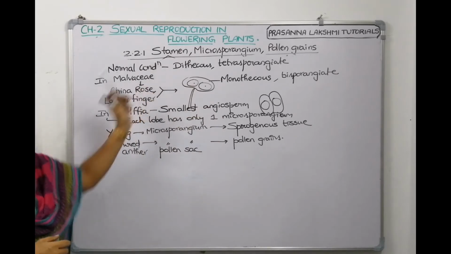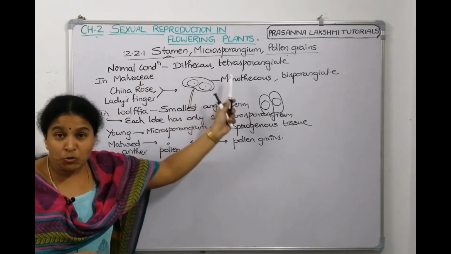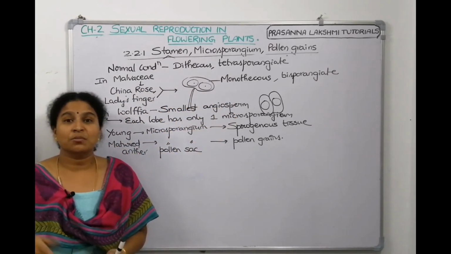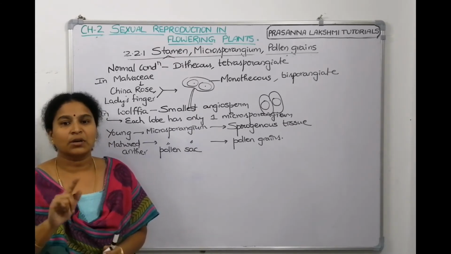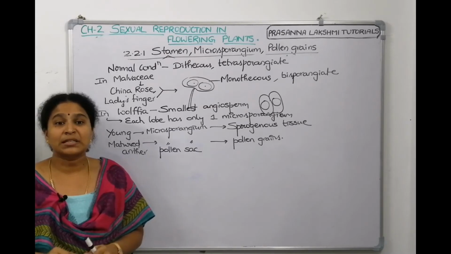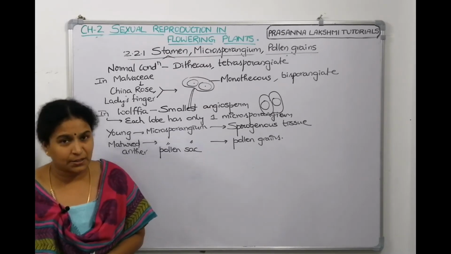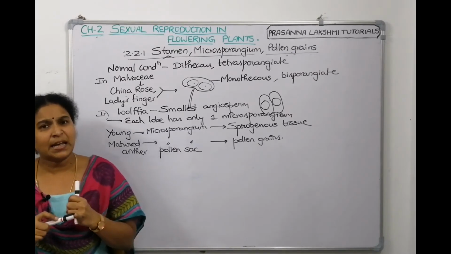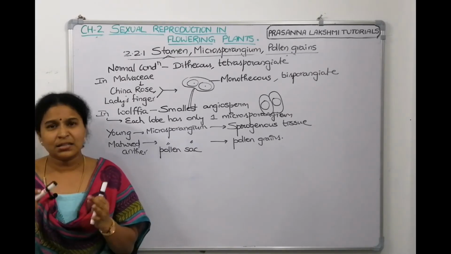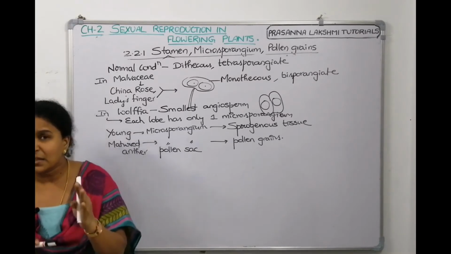Now, we discussed about stamen. We discussed about microsporangium also. Microsporangium will be circular in outline, and this microsporangium is surrounded by 4 layers we discussed. The outer layer is epidermis, second layer is endothecium, third layer is middle layers, the fourth layer is tapetum.